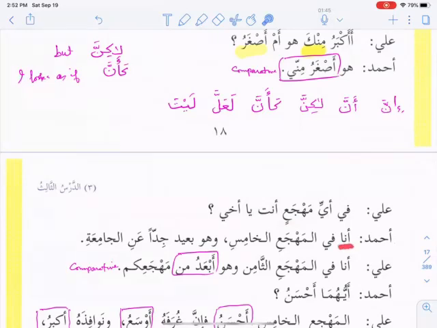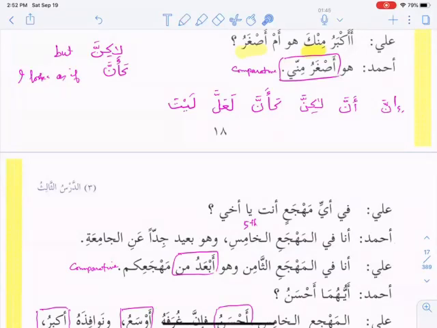Ana fi mahja'il khamisi. Now we will learn a little bit about this. This is not difficult. I am in the 5th dormitory. See, al-khamisi, 5th.